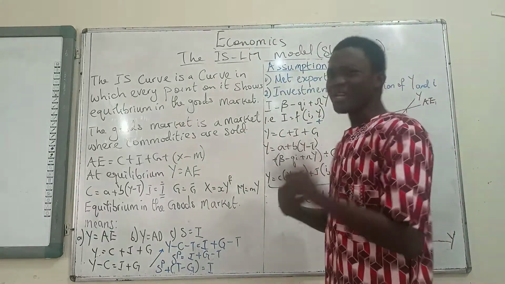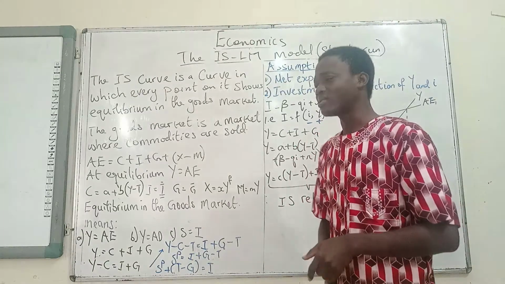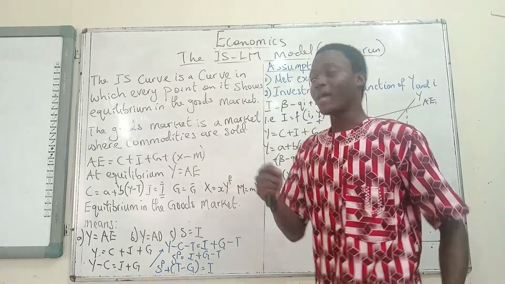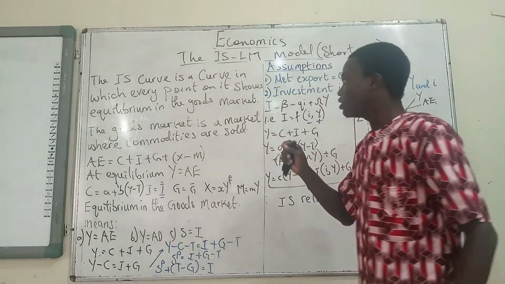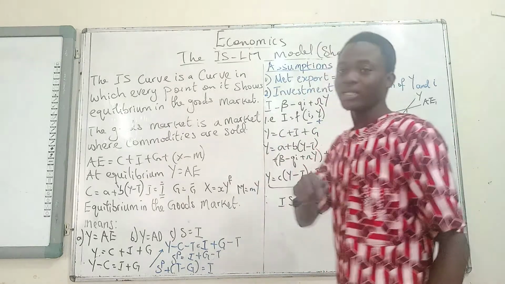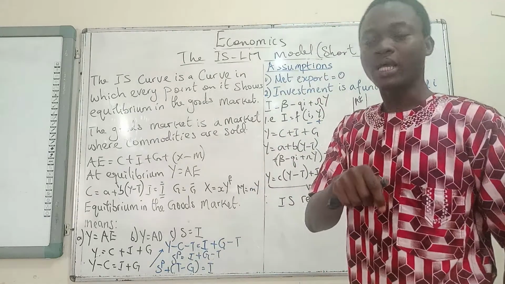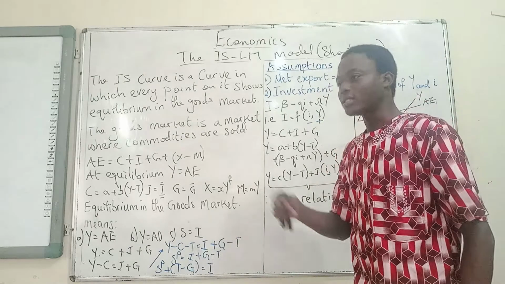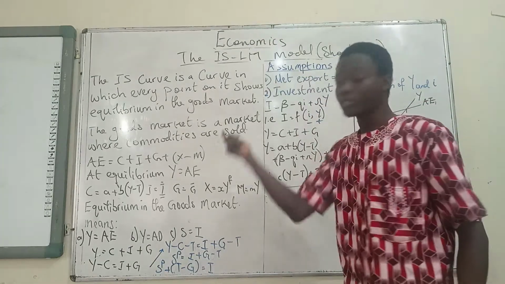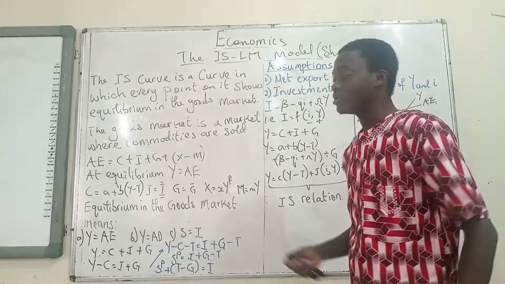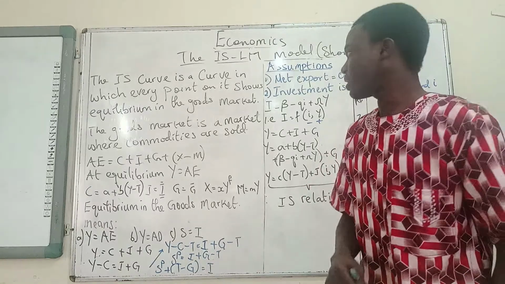So that's the logic for the IS curve, the LM curve, and all of that. The IS curve is simply a curve in which every point on it represents a different combination of interest rates and output that shows equilibrium in the goods market. We'll get to understand that in a bit.